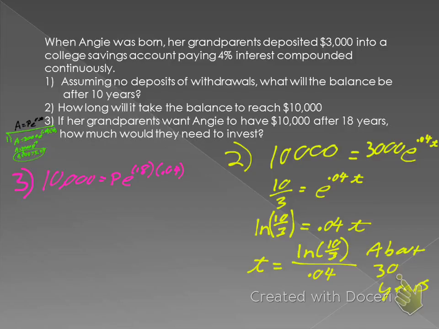So here's how I would take this problem. I would do 18 times 0.04 first, which is 0.72. Now, e to the 0.72 power is a number. It's attached to a variable. So all you need to do is divide by that number.